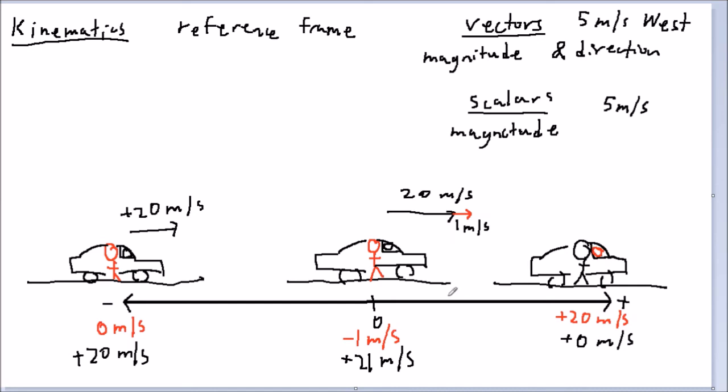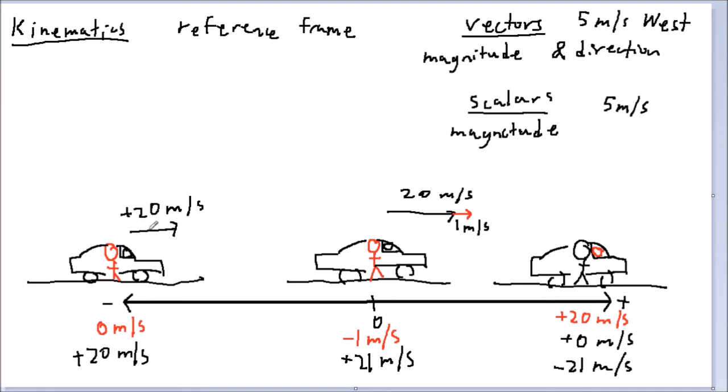And let's say that this person is the same as this person back here, moving at -1 meters per second relative to the ground. Well, now that you're moving at 20 meters per second, this person will be observed to be moving at actually -21 meters per second. So basically the exact opposite of what you saw here. Because now you're in the car, and as you're moving in the positive direction, it'll look like this person is moving in the negative direction very quickly, at 21 meters per second.